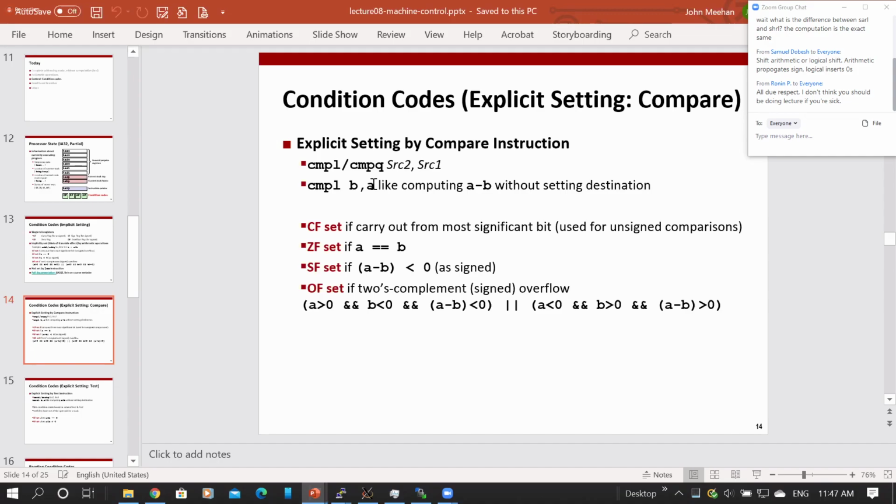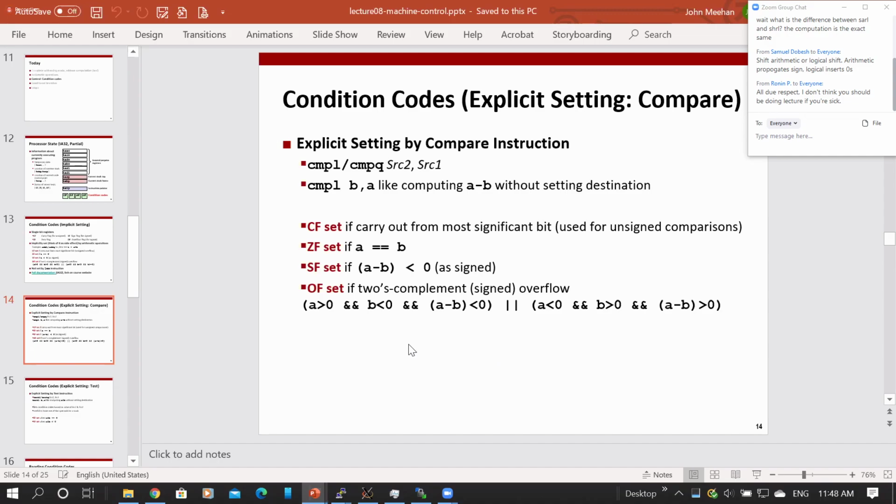So the overflow bit would get set by the compare instruction if this is true: A was greater than 0, ANDed bitwise with B less than 0, ANDed with A minus B less than 0, and then logically OR that together with this other big nonsense over there, right?